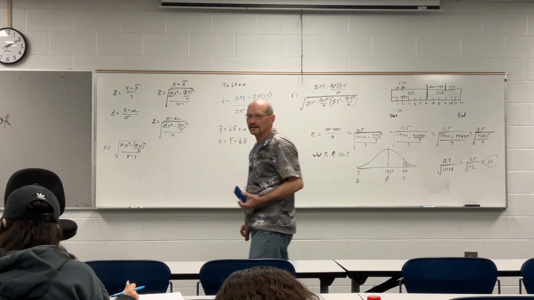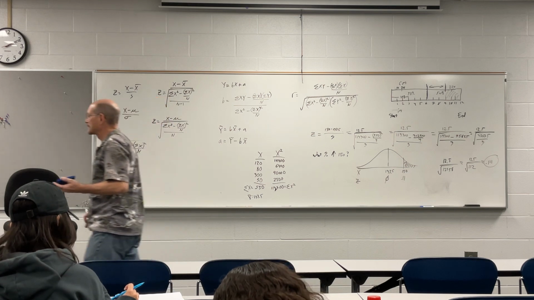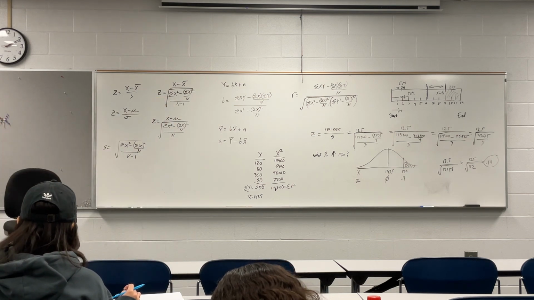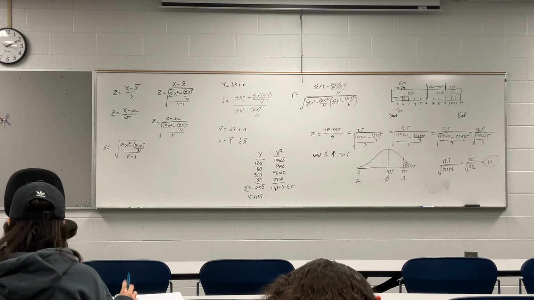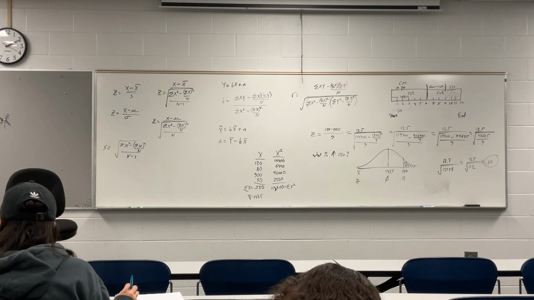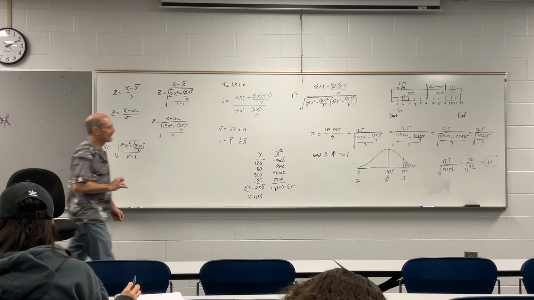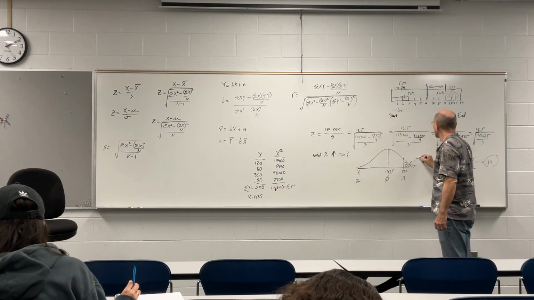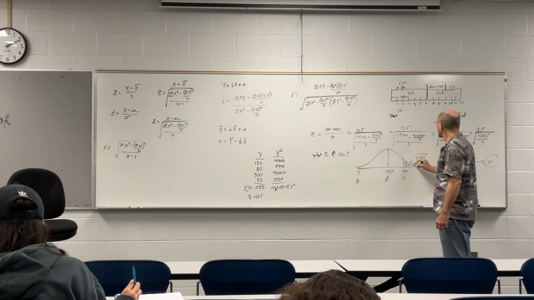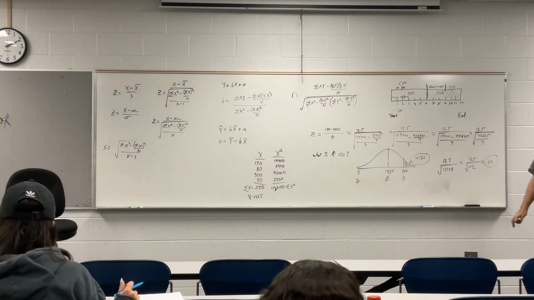So 12.5 divided by... So the Z-score is 0.11. Right. 0.4562. Correct. More than 150. 4562.